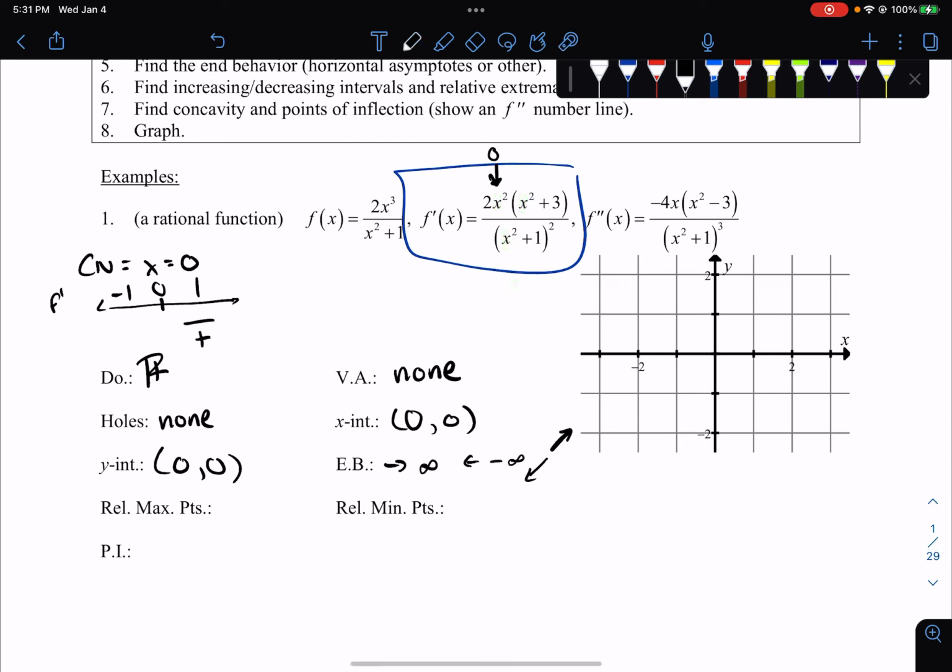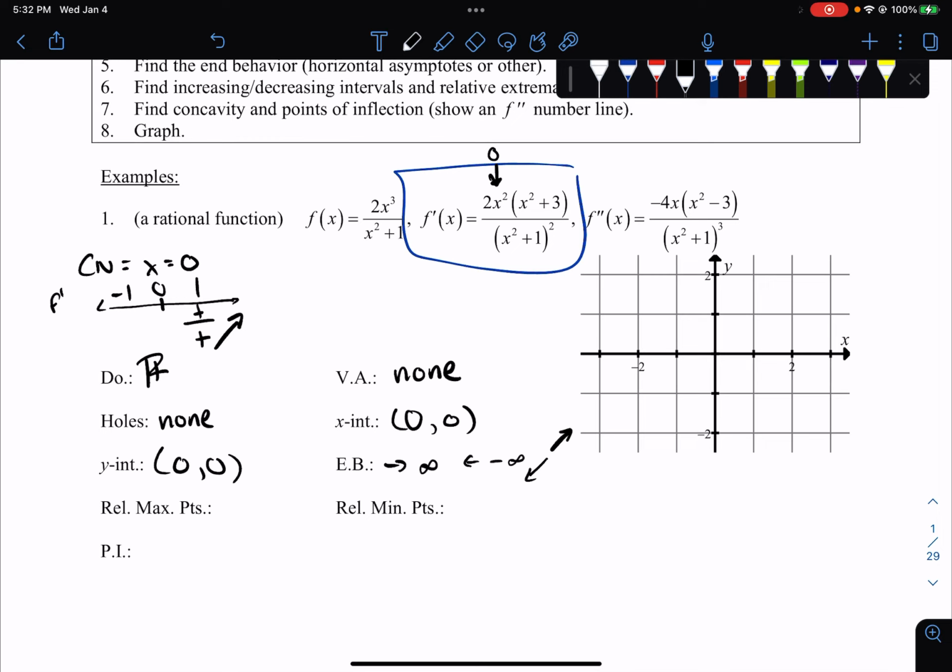I end up with a positive number on the bottom. I don't care what it is. It's just positive. On the top, I get a positive times 2, which is positive, times x squared plus 3, which is positive. So I get a positive over a positive, which means to the right of 0, my function is increasing.